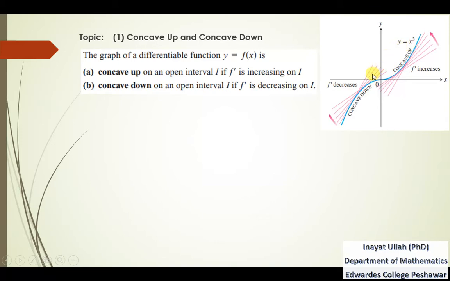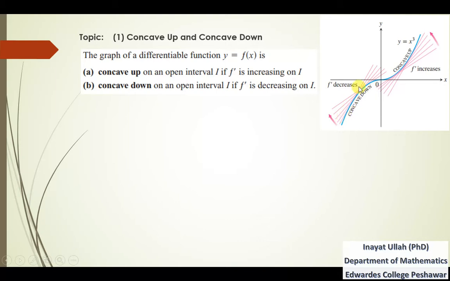If we draw tangents on each point in this portion, the portion which is concave down, this tangent has maximum slope. It means that f prime is maximum, because f prime is the slope of the tangent line.